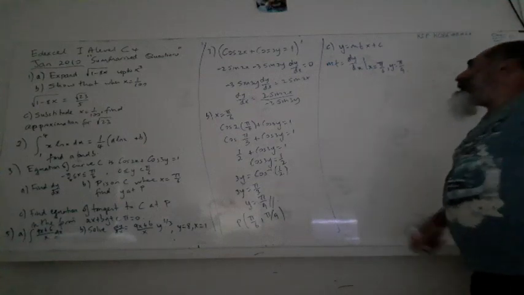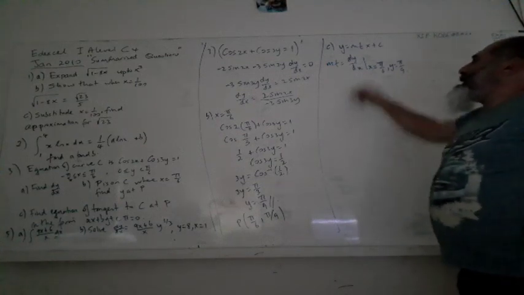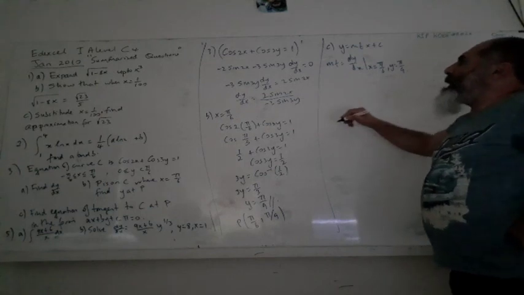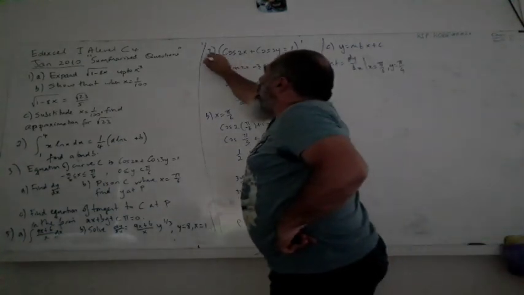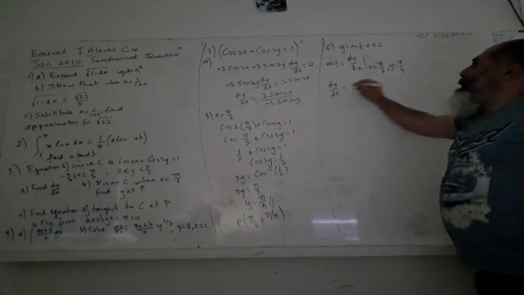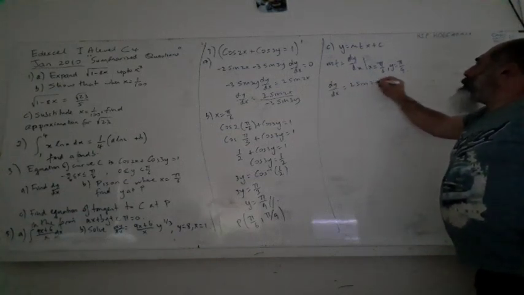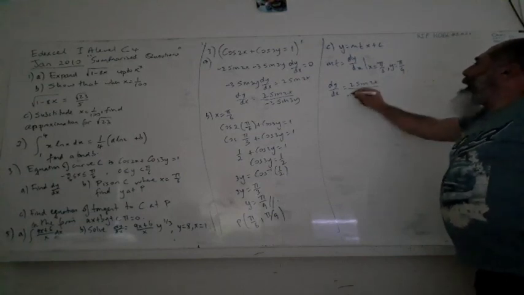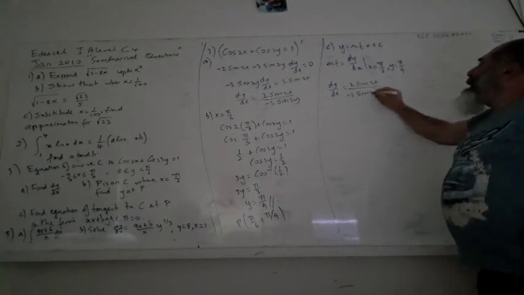Do we know an expression for dy over dx? Yes, already found in part A. Dy over dx is equal to 2 sine 2x over minus 3 sine 3y.